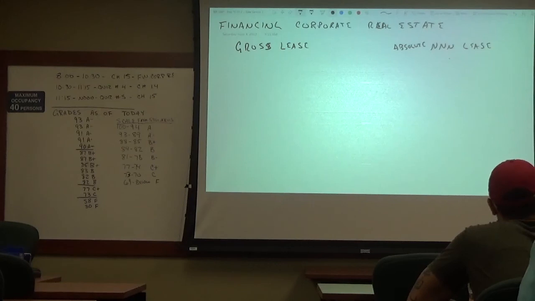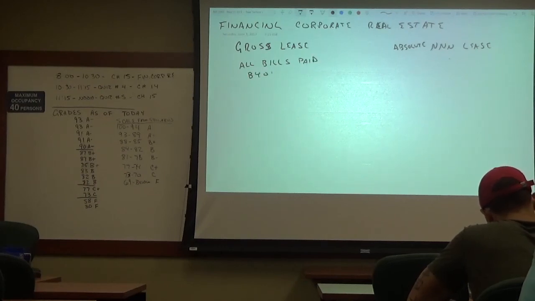A gross lease, the simple way to think about this: all bills paid by owner. Absolute triple net lease: bills paid by tenant. So why would someone prefer a gross lease?